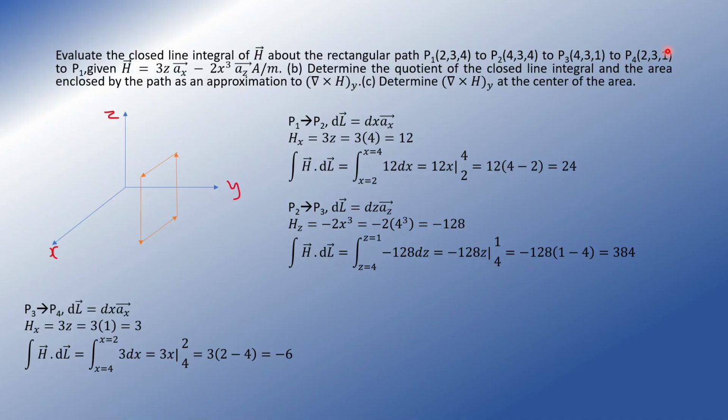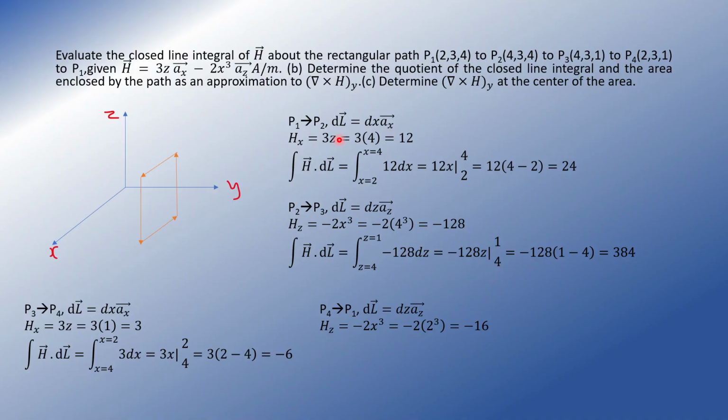Lastly, P4 to P1 is in the z direction, and we have a z component here which is minus 2x cube. We substitute it, and the x value for P4 to P1 is 2. So we substitute that and we get minus 16 as the answer.